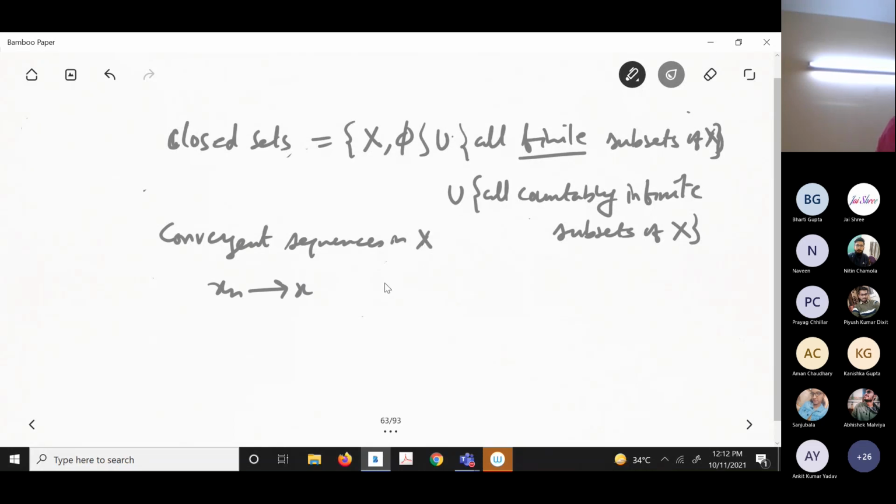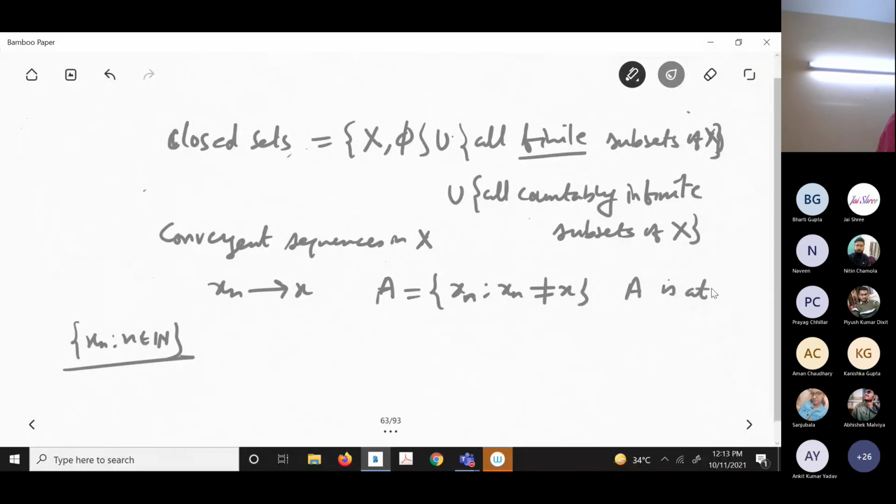Then you take A equal to the set of those Xn such that Xn is not equal to x. Now A is at most countable because the sequence range is at most countable. They may not be distinct as a set. As a set, it is at most countable, that is finite or countably infinite. But here I do not know that A is at most countable.